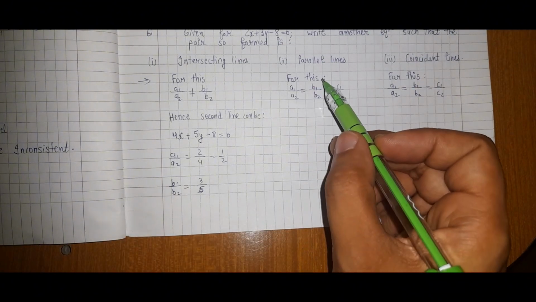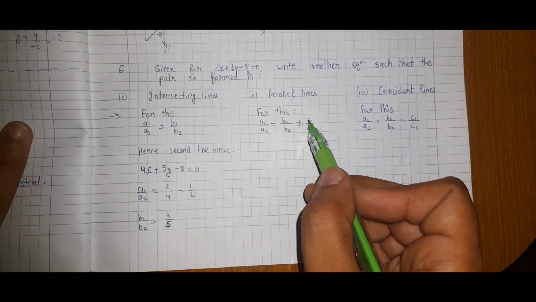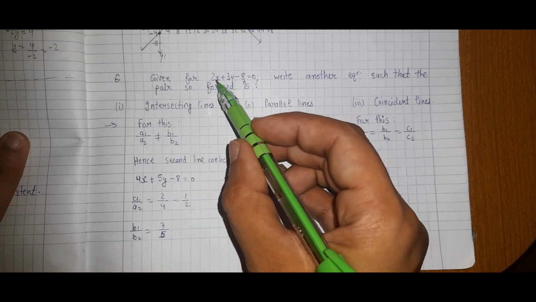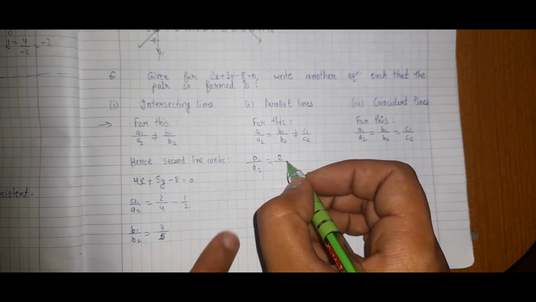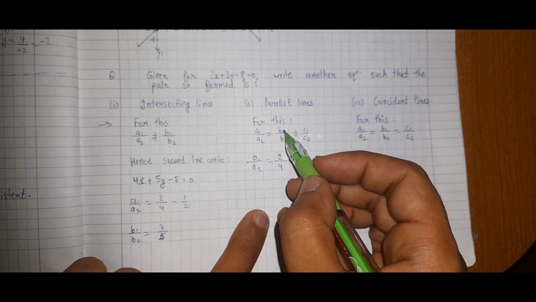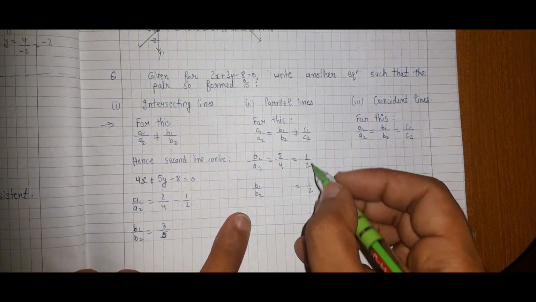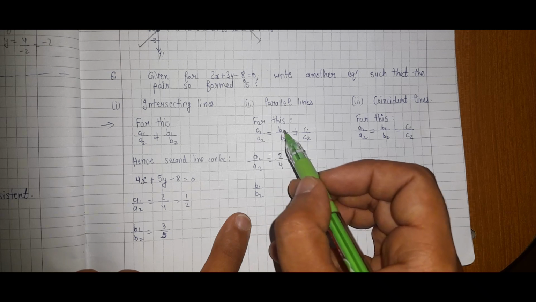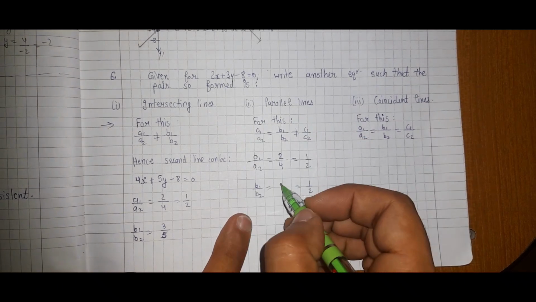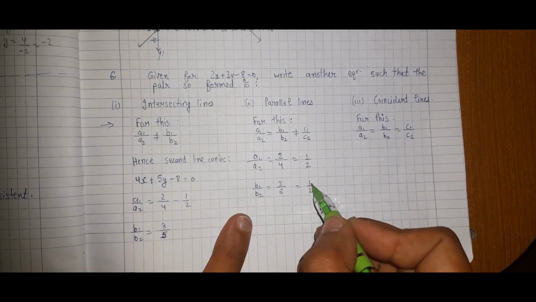Now, for the lines to be parallel, a1 upon a2 equals b1 upon b2 but not equal to c1 upon c2. So if a1 is 2, let a2 be 4. So a1 upon a2 is 1 upon 2. We also need b1 upon b2 to be 1 upon 2. Here b1 is 3, so when b2 is 6, b1 upon b2 equals 1 upon 2.